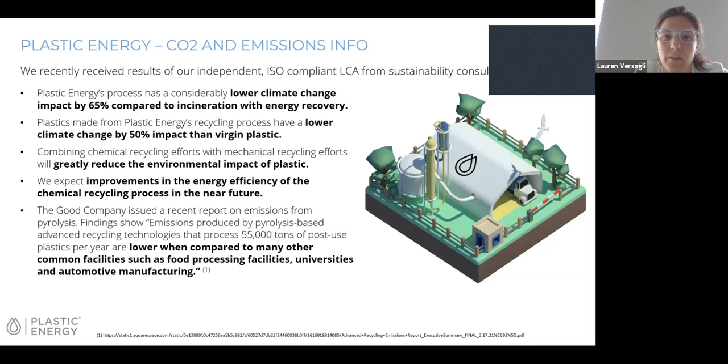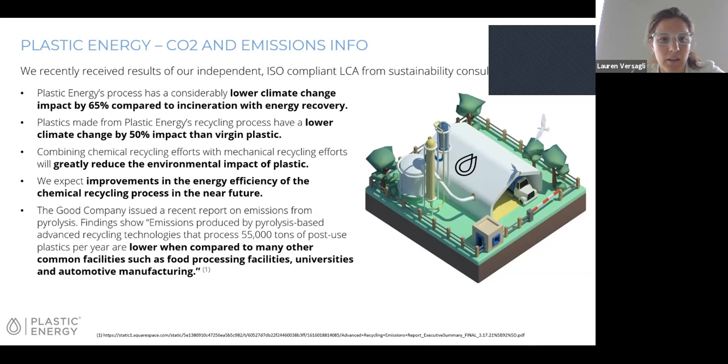That is a little bit bigger than the size plant that we would do, 100 tons a day, so about 33,000 tons. But what they found is that when they compared the emissions to many other food processing facilities, universities, hospitals, and automotive manufacturing facilities, it's very comparable to what's emitted in those other general processes.